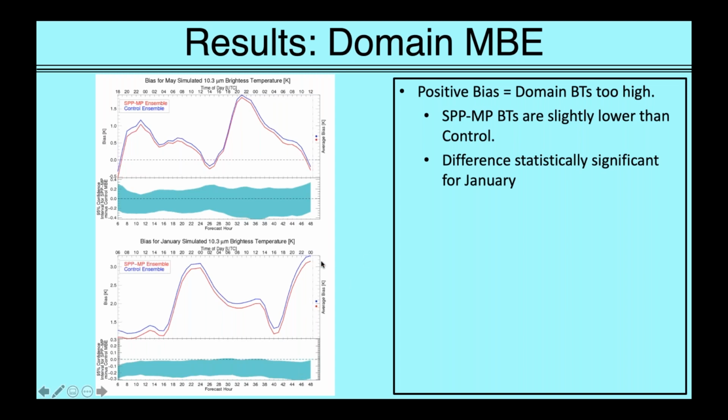Our red dot, which is our SPP-MP ensemble, has a little bit less of a warm bias than the control ensemble. These differences are statistically significant in January. We can tell this if the cyan teal color does not encompass the zero line. That indicates that we have a statistically significant difference between the SPP-MP and control ensemble.